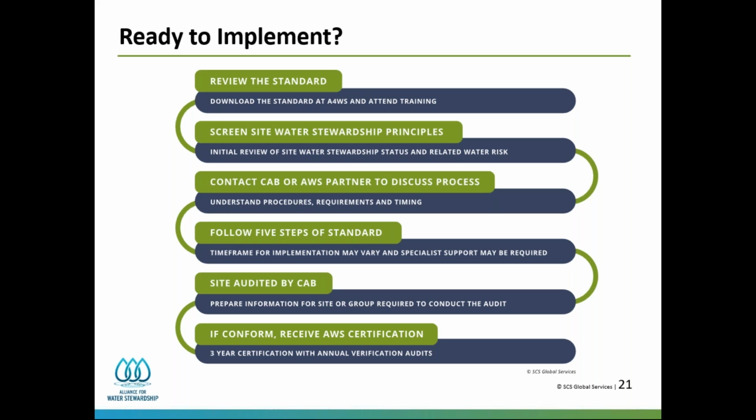Just to really decide where you're at on site. The next step would be to contact a CAB or your AWS partner to discuss a process. And this is specific, again, based on your site, what your existing conditions are, what type of resources are available, and what your internal drivers are. Once you have a plan, then you start to implement the standard.